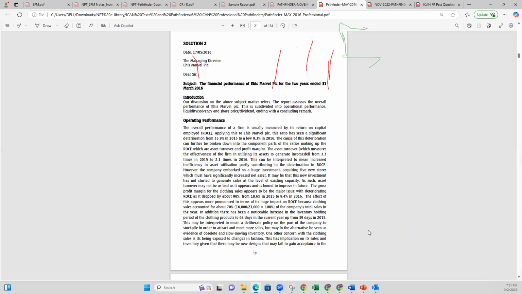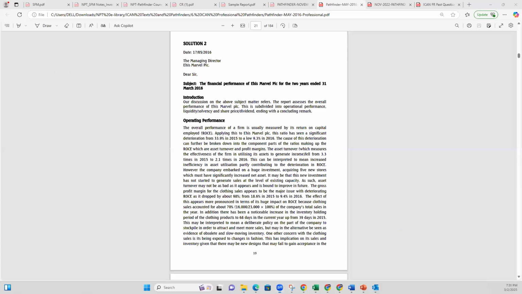The asset turnover, which measures the effectiveness of the firm in utilizing its assets to generate income, fell from 3.3 times in 2015 to 2.1 times in 2016. This can be interpreted to mean increased inefficiency in asset utilization, partly contributing to the deterioration in ROCE.